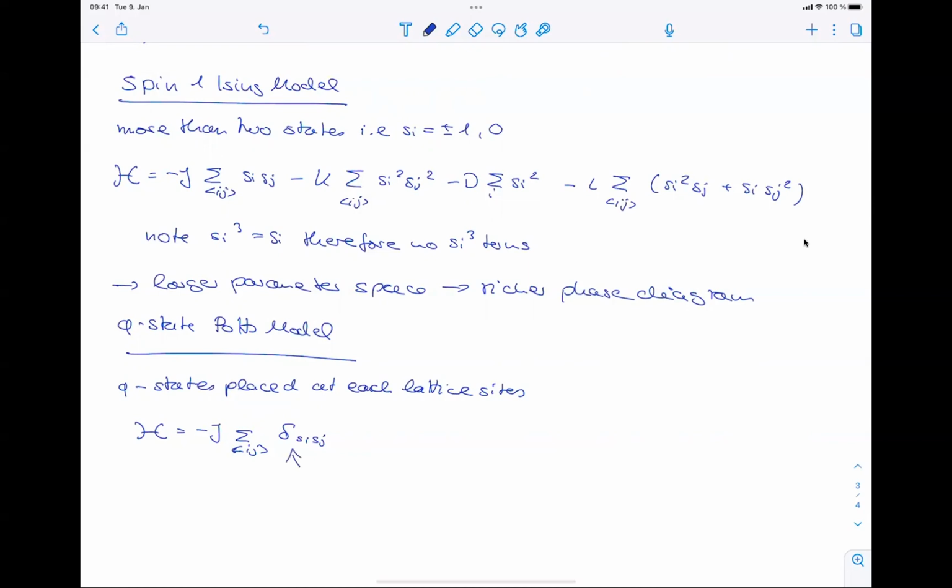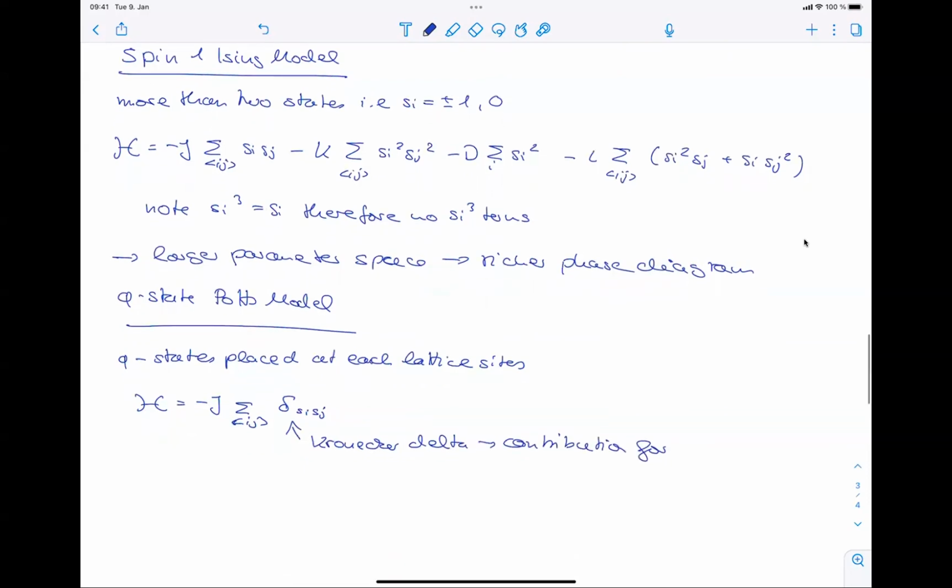So it's a Kronecker delta here, where we have a contribution for neighbors of the same state.